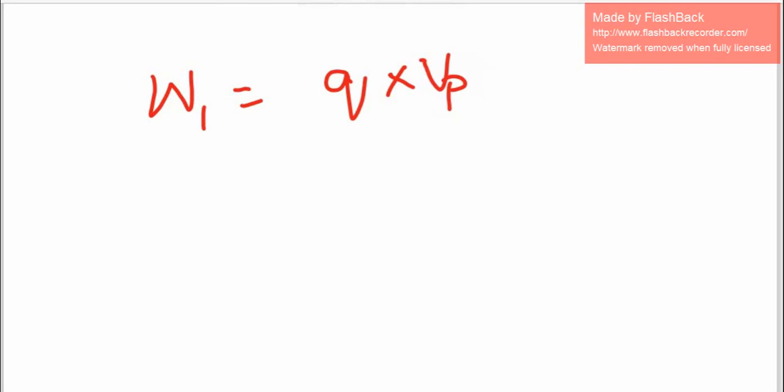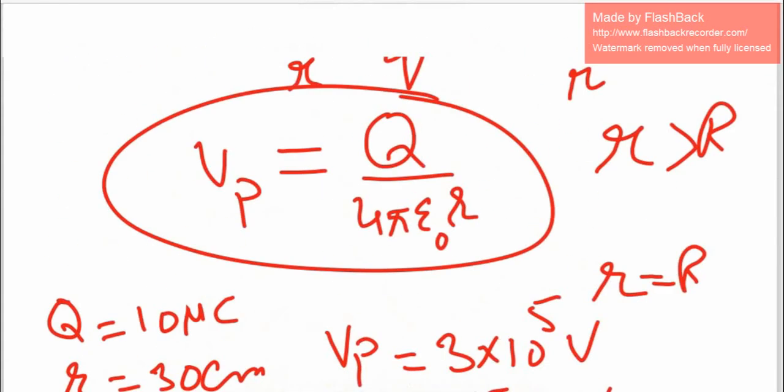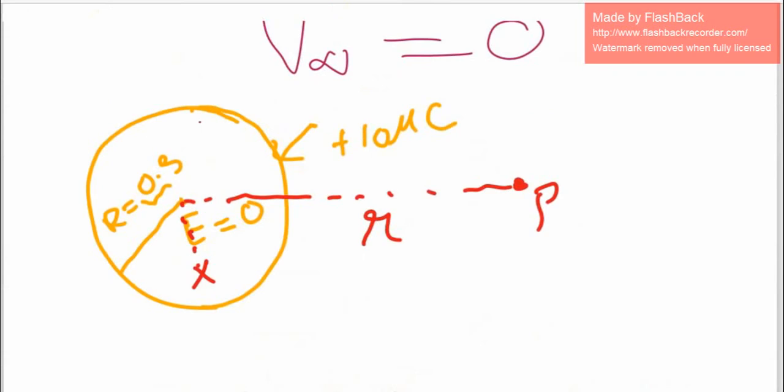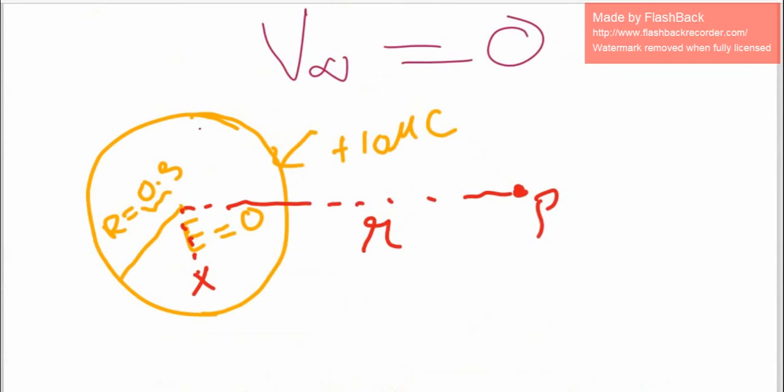Now what if I go inside of this sphere? I will feel no force anymore because there is no electric field inside. E is equal to 0. That means I do no work.